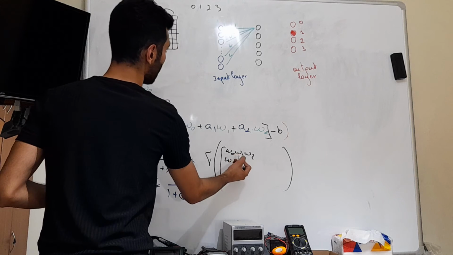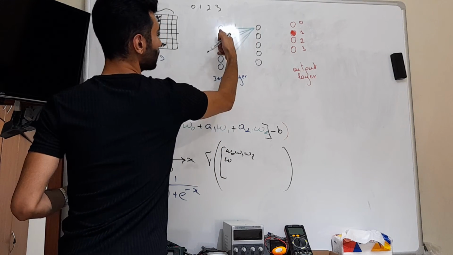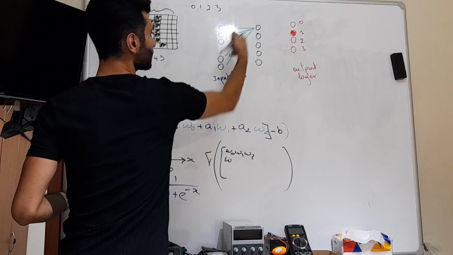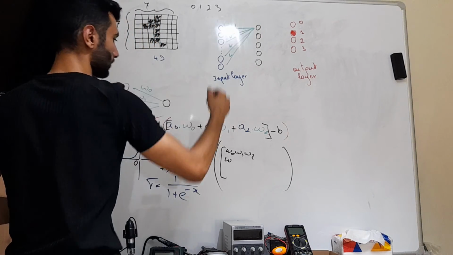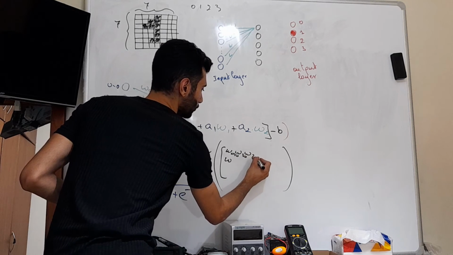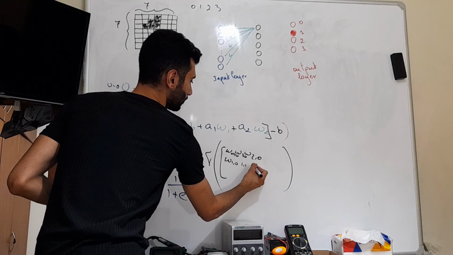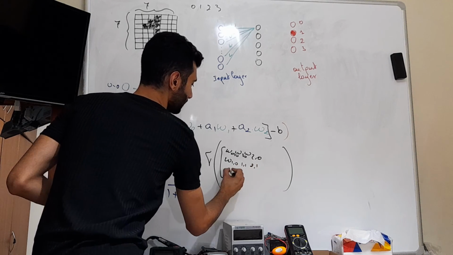So here we have the weights indexed 0,0, 0,1, 0,2, and here we have 1,0, 1,1, 1,2, and etc.